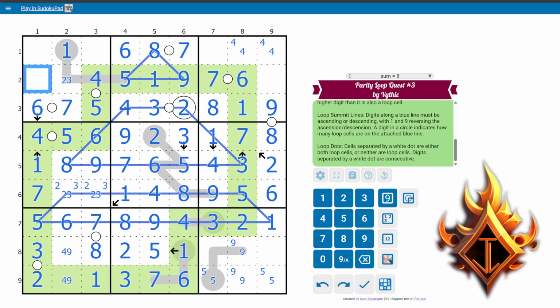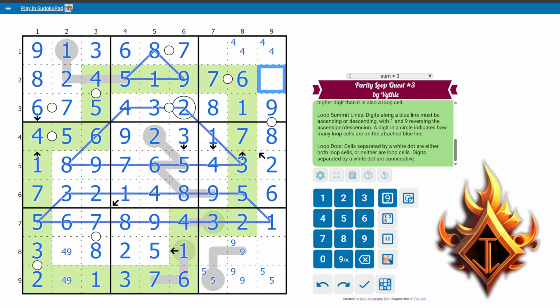Still 2 or 3. We get a 9 right here in the corner. And this has 2, 3, and 8. So that is 8. This will be a 2, 3. We know the way this has to go, which is ascending from the 1. So we get those sorted.